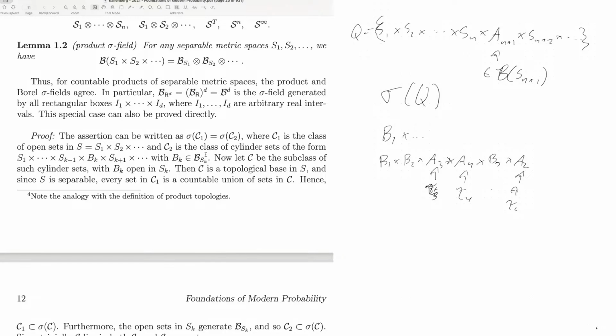So we know that sigma of C2 is equal to this. That's fine. That's the basis. And C1 is a class of open sets.